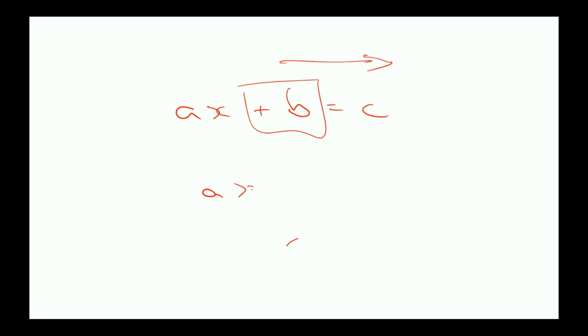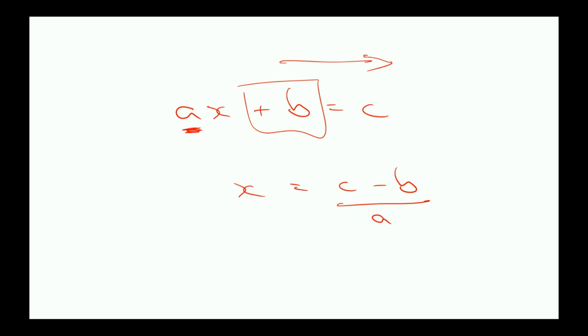We'd be left with ax equals c minus b, and then of course we would do the part that's actually attached to the x, and we'd get rid of that a. It was multiplied, so on the other side it's divided by a.